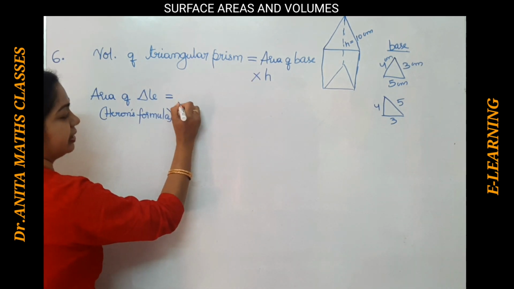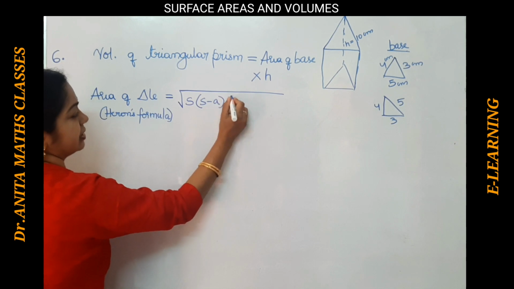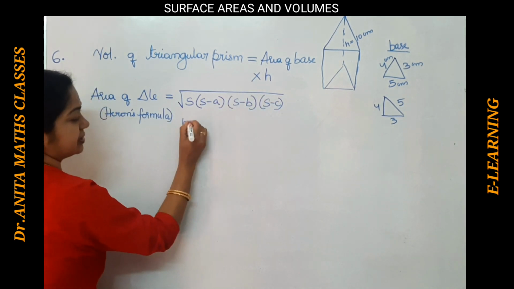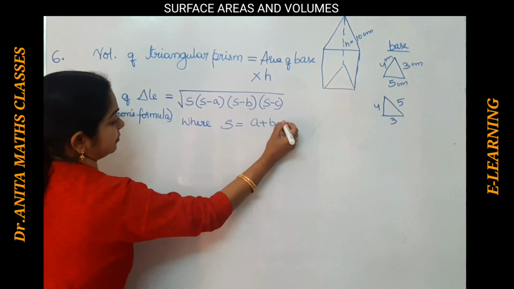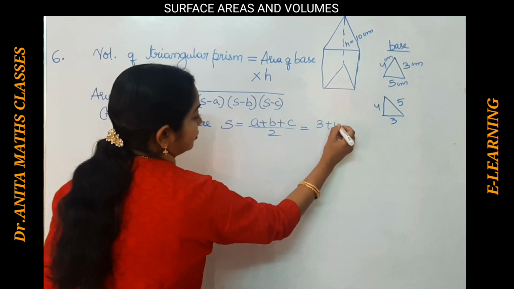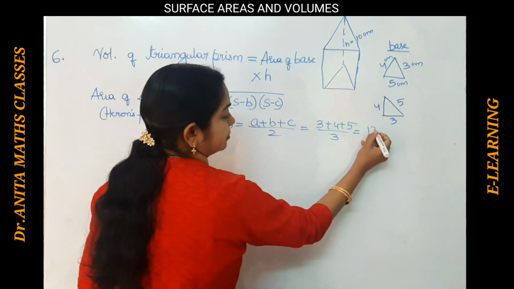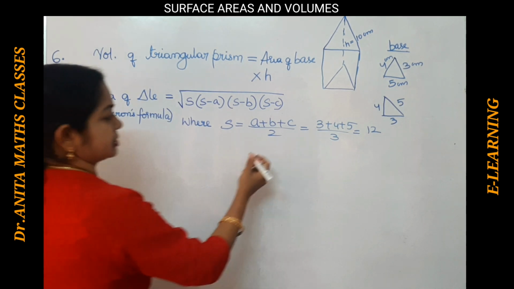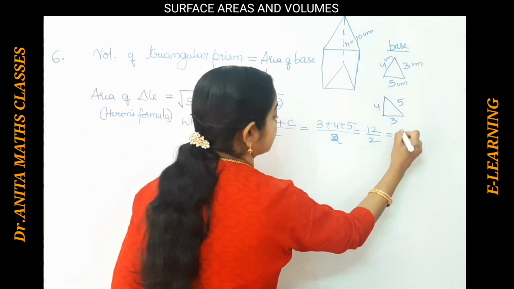Now let's find the area by using Heron's formula, that is square root of S into S minus A, S minus B, S minus C, where S is half of the perimeter. Here that is 3 plus 4 plus 5, which is 12, divided by 2, that is 6.